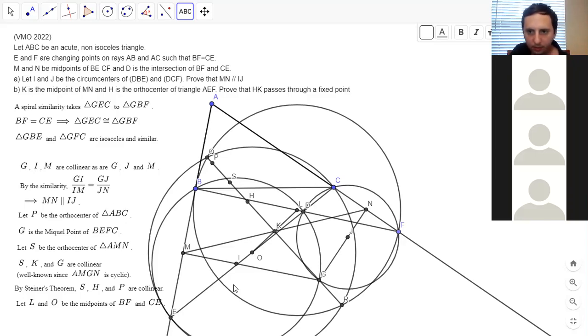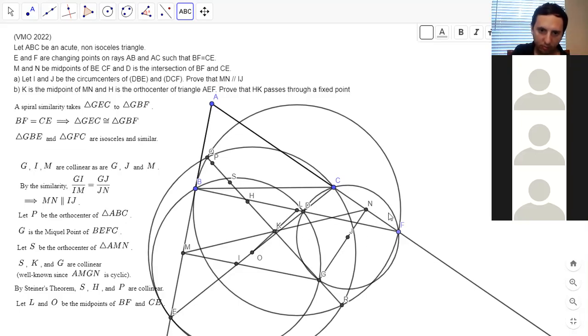So P, H and K. Sorry, I'm forgetting this here. So how did we know that that was a parallelogram? So K is the midpoint of MN, right?